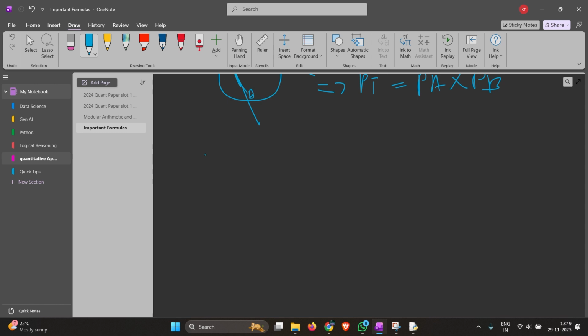Again, some basic formulas regarding triangles. The area of a triangle, if it is a right angled triangle, is half times base into height.